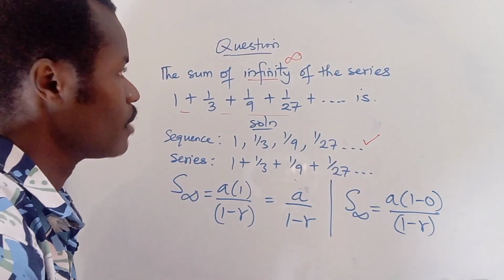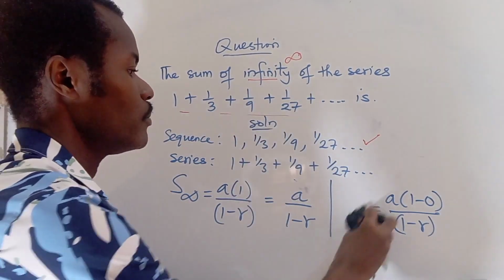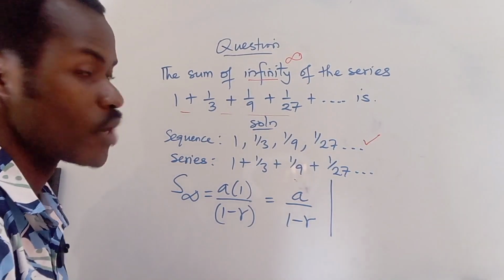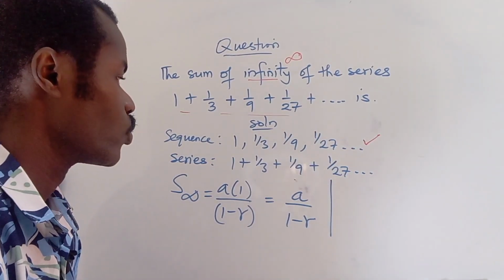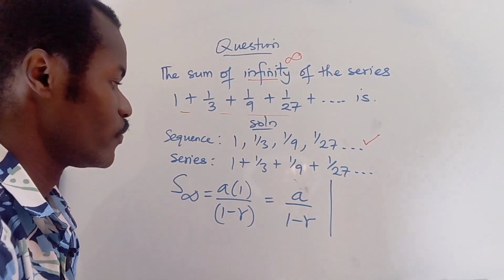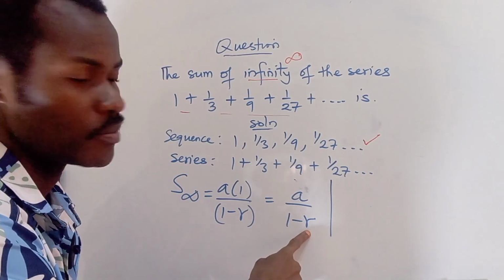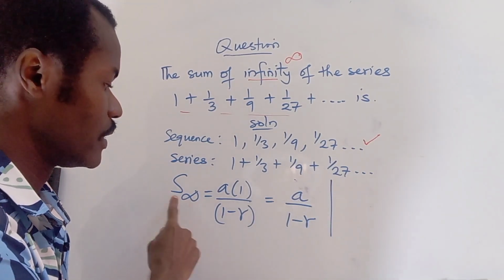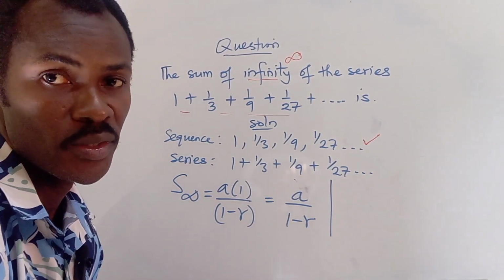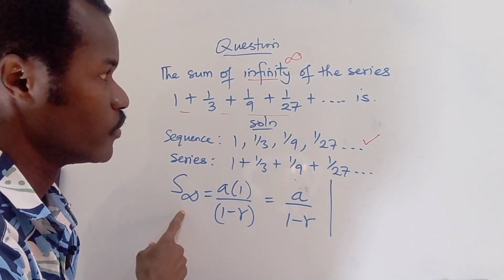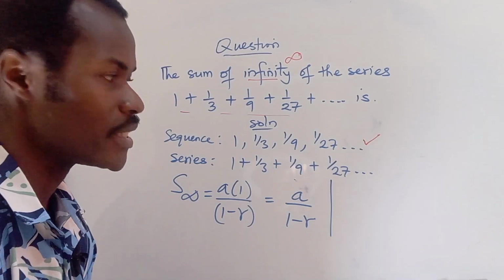So when we say sum of infinity in this problem, what we want to solve for is to use the value of a and the common ratio and substitute them into the sum of infinity formula. So what is a?